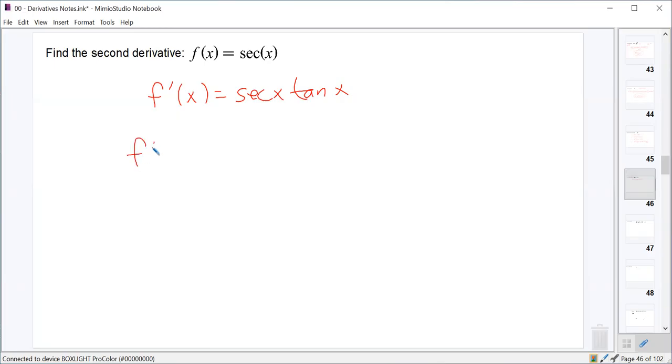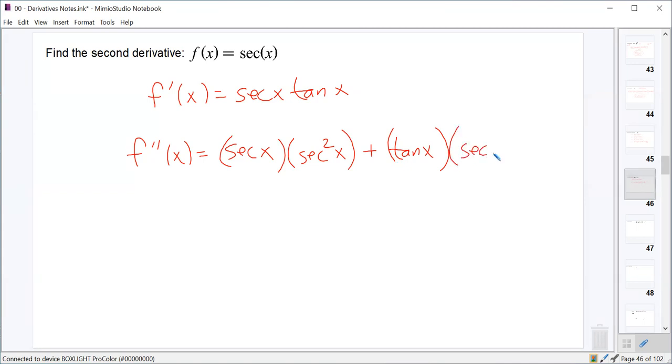So f double prime of x is the first function, secant x, times the derivative of the second function, and the derivative of tangent is secant squared x. So u times dv plus v times du. And the derivative of secant x is secant x tangent x.